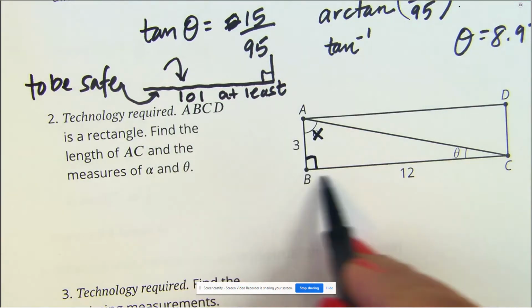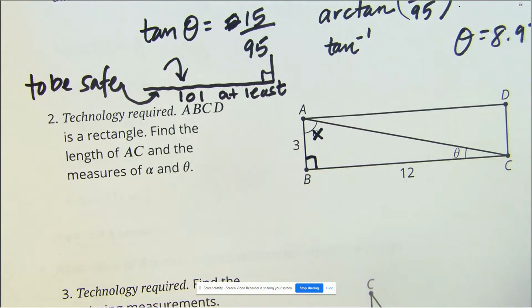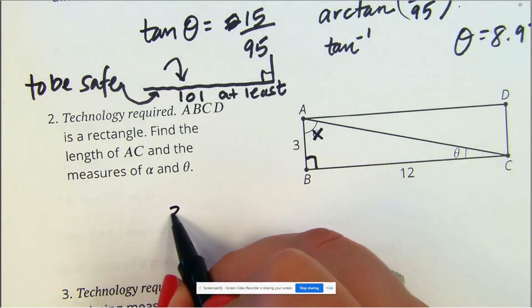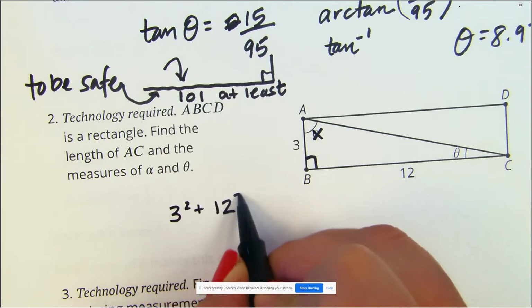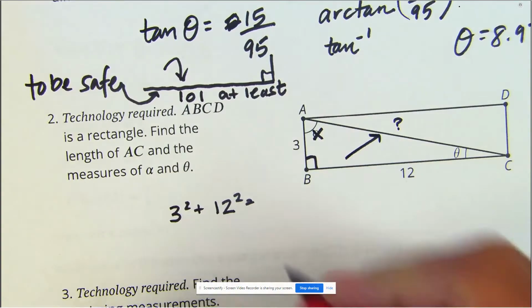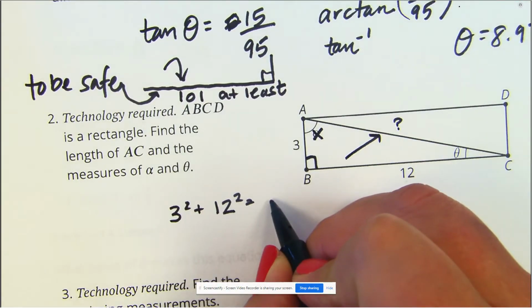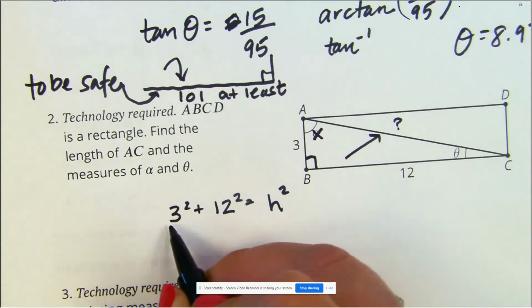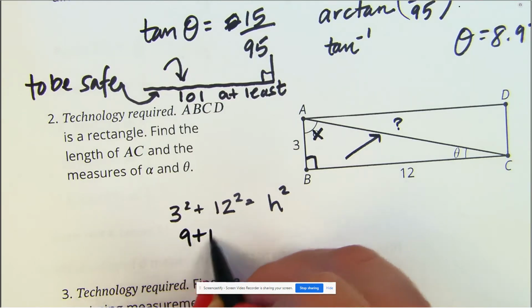I've got the two sides. I'm going to use the Pythagorean theorem, okay? 3 squared plus 12 squared equals, I'm supposed to find the hypotenuse. I'm just going to call it h squared. So that's 9 plus 144.